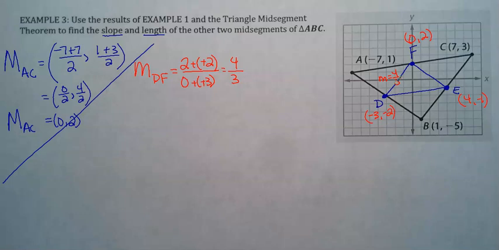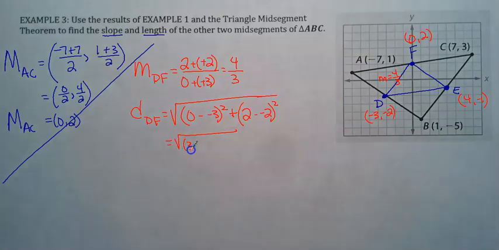And the length, okay, so the distance of DF is the square root of the difference of our x's, so 0 minus negative 3 squared, plus the difference of our y's, 2 minus negative 2 squared, which equals the square root of 3 squared plus 4 squared, which is the square root of 9 plus 16, which is the square root of 25.